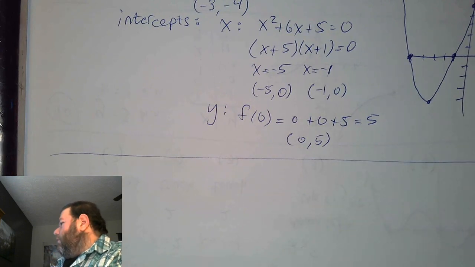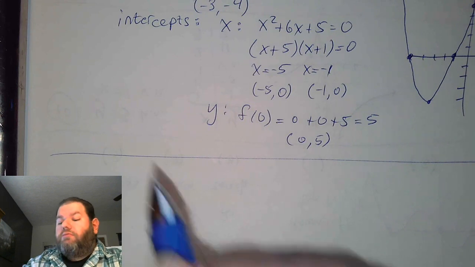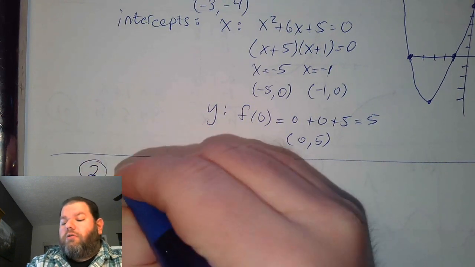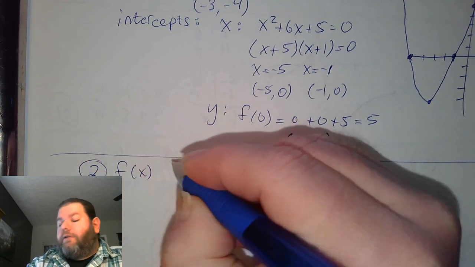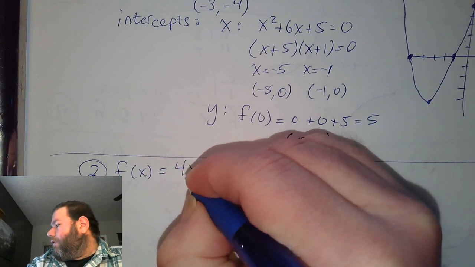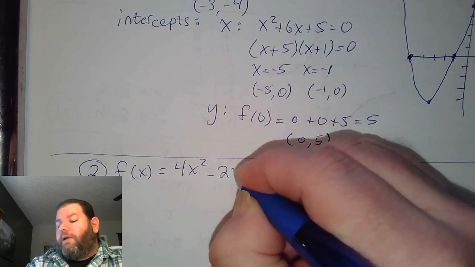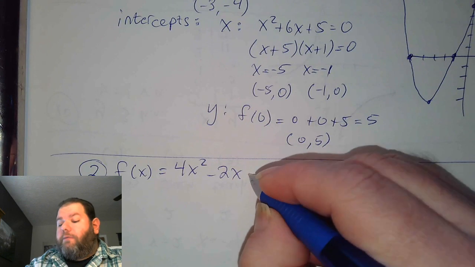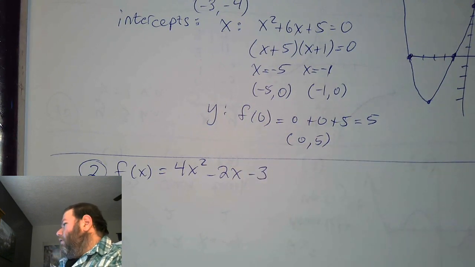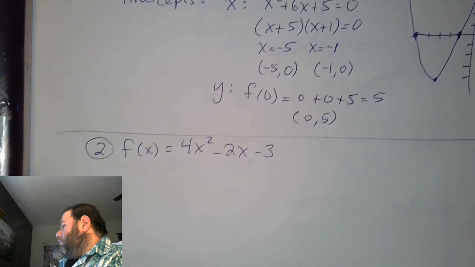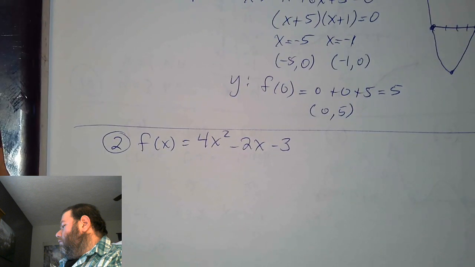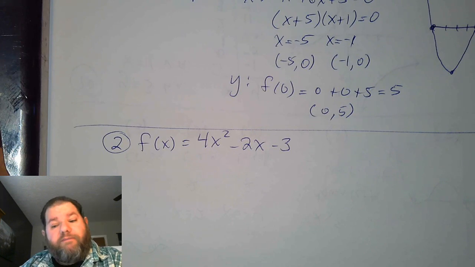Number 2. F of x equals 4x squared minus 2x minus 3. Here we want to determine whether it has a maximum or a minimum and then find that value.